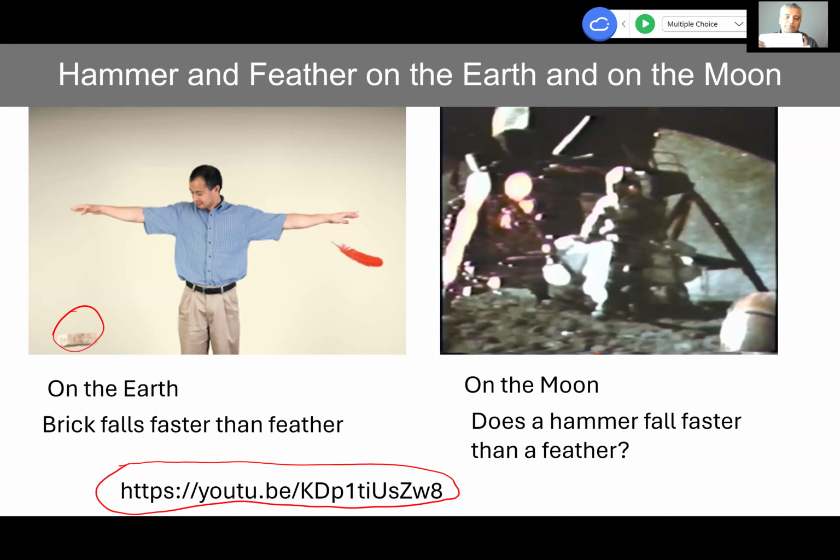For example, this paper, if I were to drop it flat, it falls slowly. But if I fold it and drop it like this, it falls a bit faster, because air resistance acts on this area.